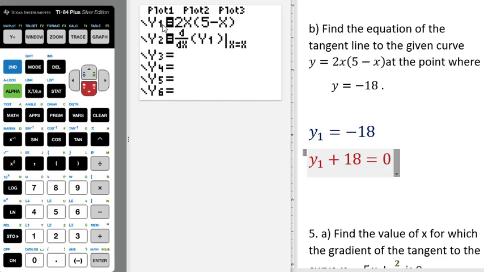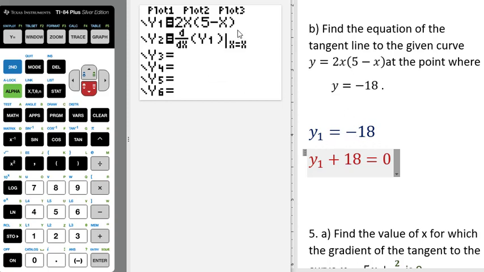After you put y1, the original function, and y2, the first derivative of y1, then check the given information. They said at the point where y equals negative 18. If you want to use a graphing calculator, that means y1 equals negative 18.